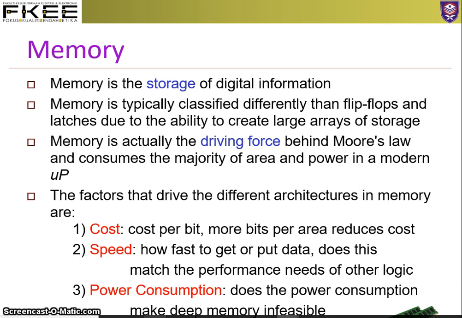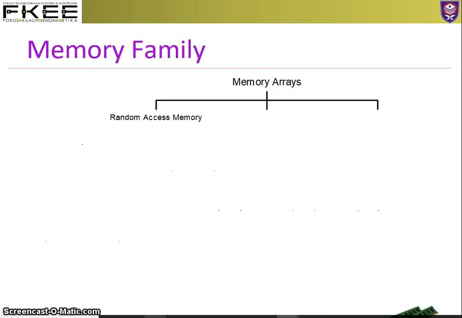We need to reduce the cost, and then for the speed, how fast the data can be read or written into the memory, and also the power consumption. Since memory holds a very large amount of data, it consumes more power. So we have to design a memory that consumes less power.